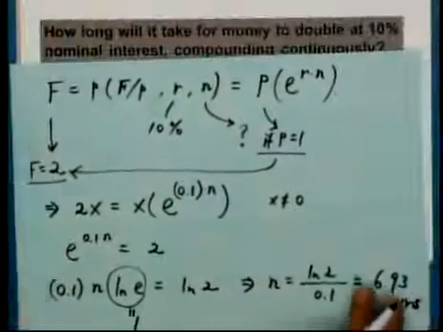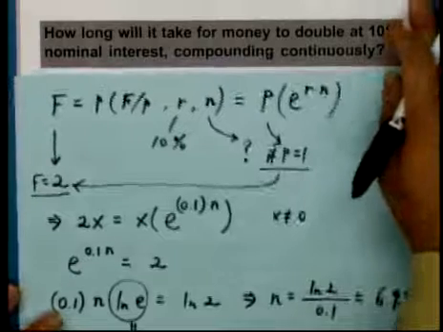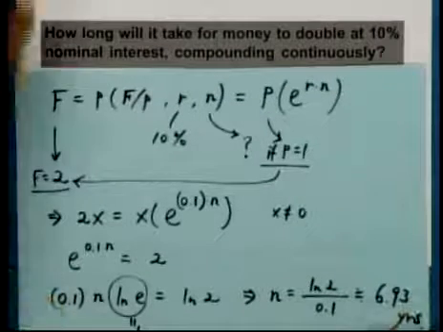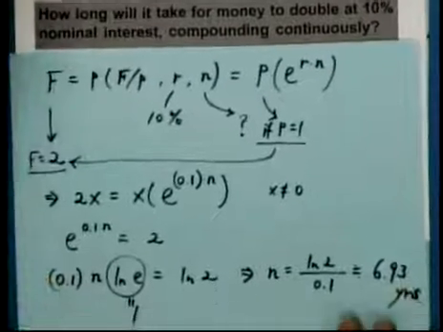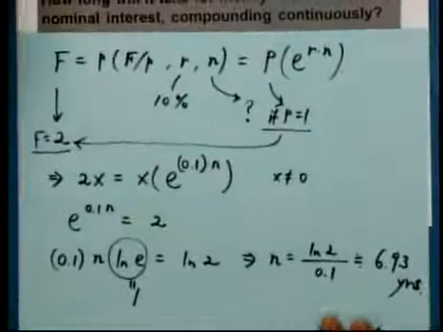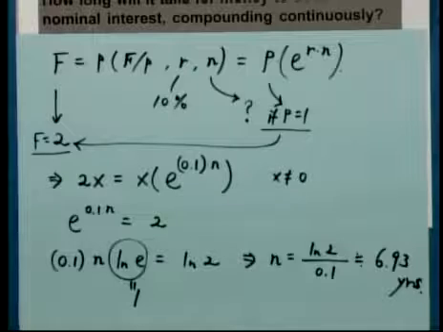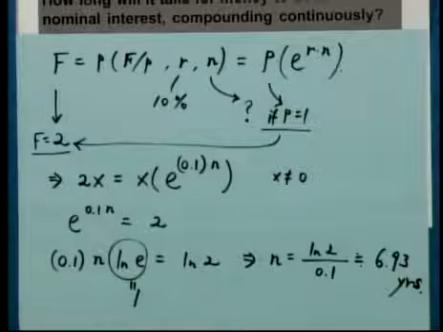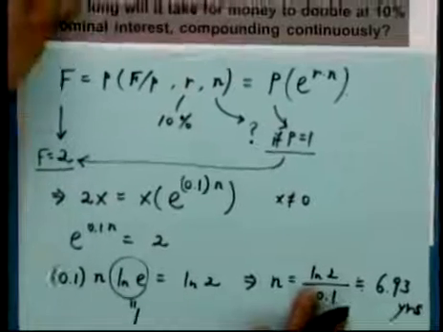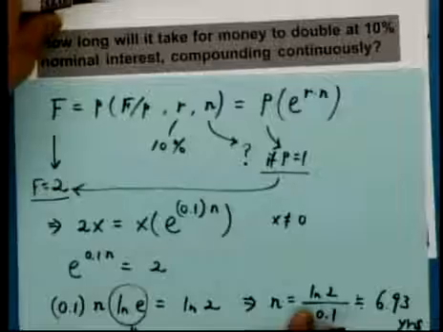So how can you answer the question? It's going to take almost 7 years for you to double your money at 10% nominal interest compounded continuously. Okay?